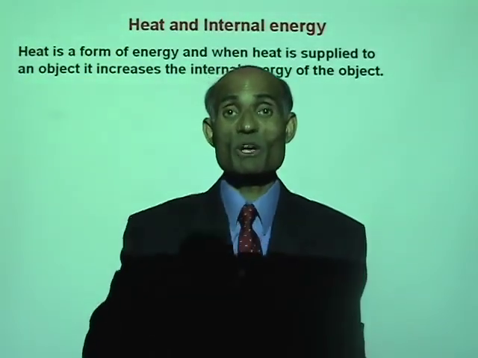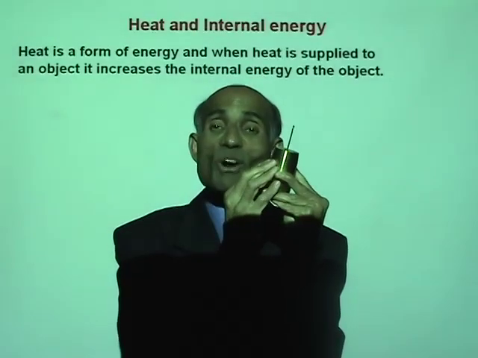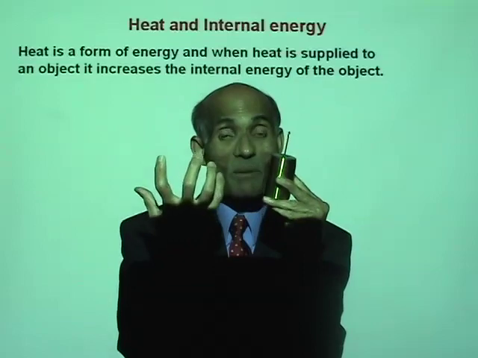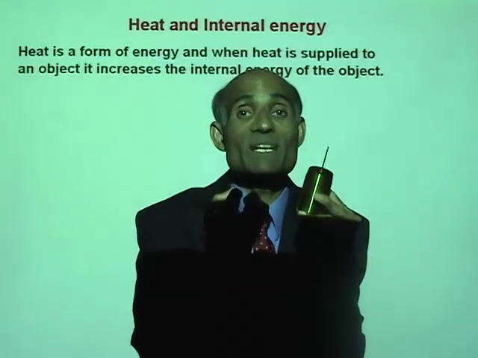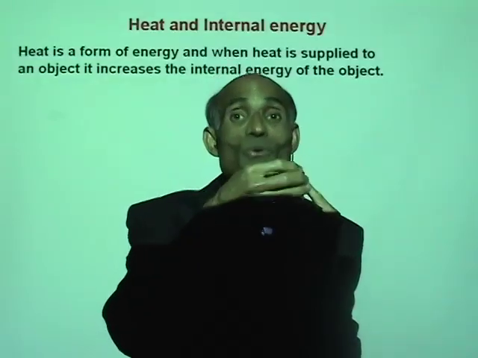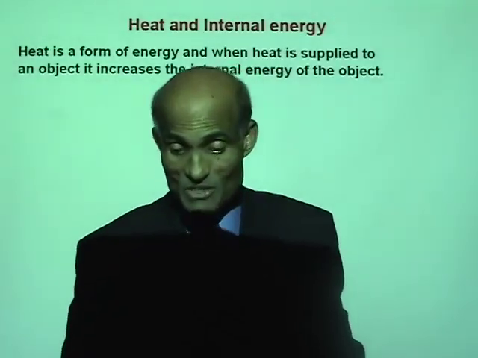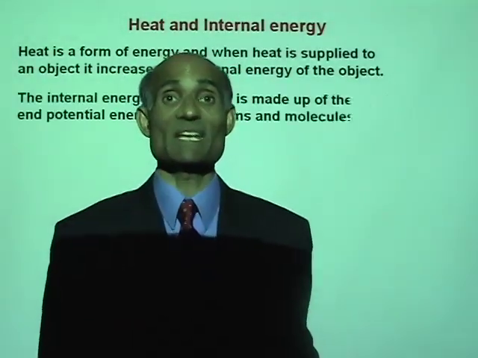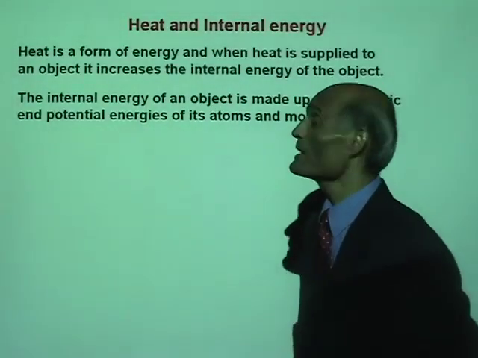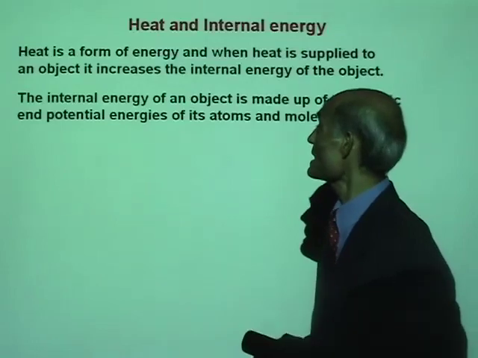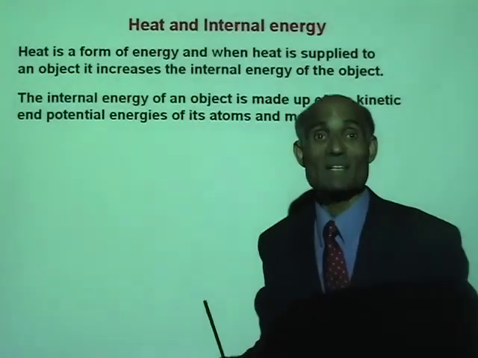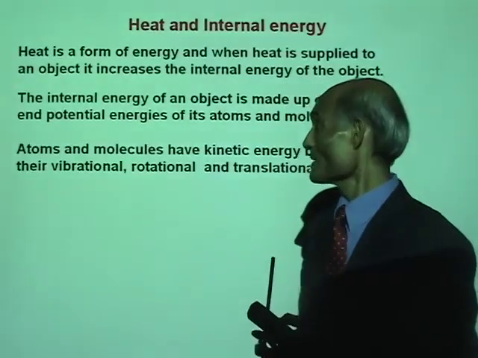So, when we talk about the internal energy of an object, the internal energy is made up of the kinetic and potential energies of the molecules of the object. That is what internal energy is. So, internal energy of an object is made up of the kinetic and potential energies of its atoms and molecules.